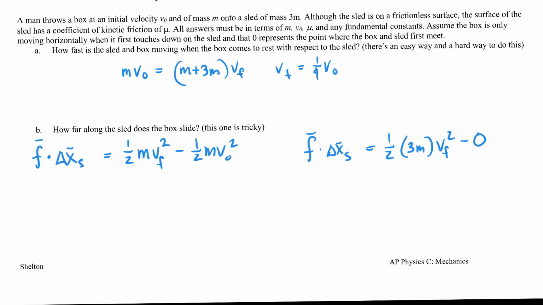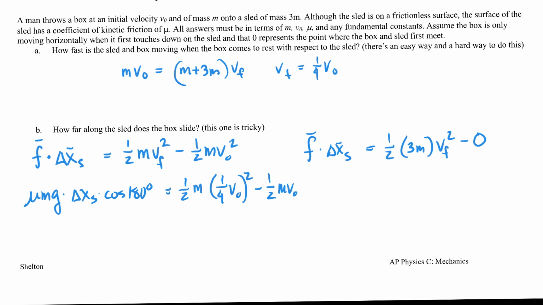It's mu mg, right? It's the force of friction. But the force of friction on the box is to the left as the box is sliding to the right. So mu mg times delta x times the cosine of 180 degrees. That has to equal 1/2 m v final, which is 1/4 v naught squared, minus 1/2 m v naught squared.